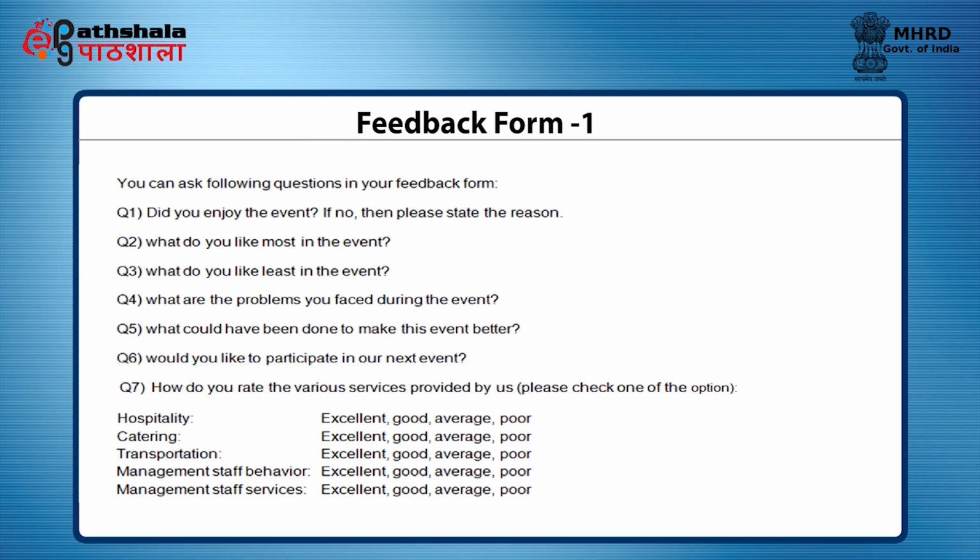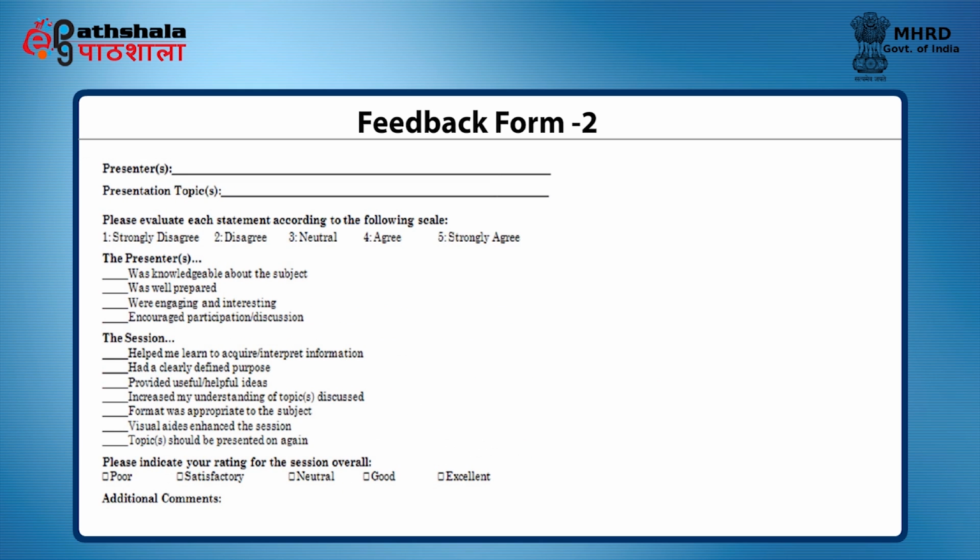Step 1 is important to determine the extent to which event objectives have been achieved. If you are not able to achieve your event objectives through your event, then no matter how much people enjoyed the event or how much popularity your event got, it is a complete failure on a commercial level.